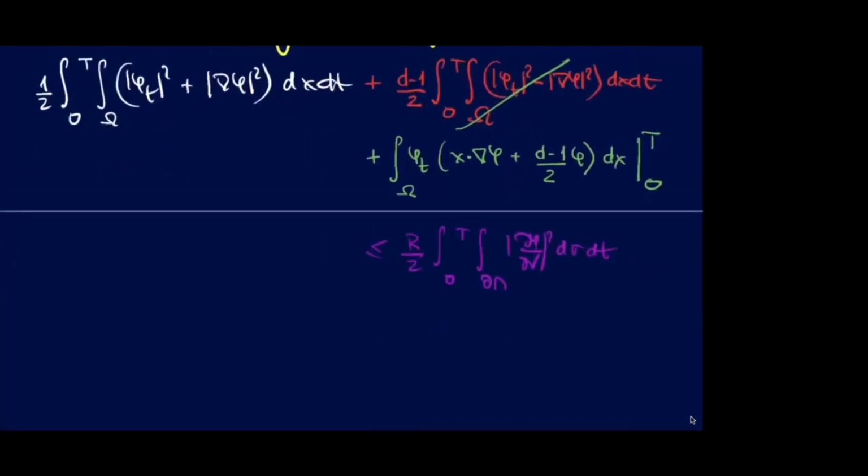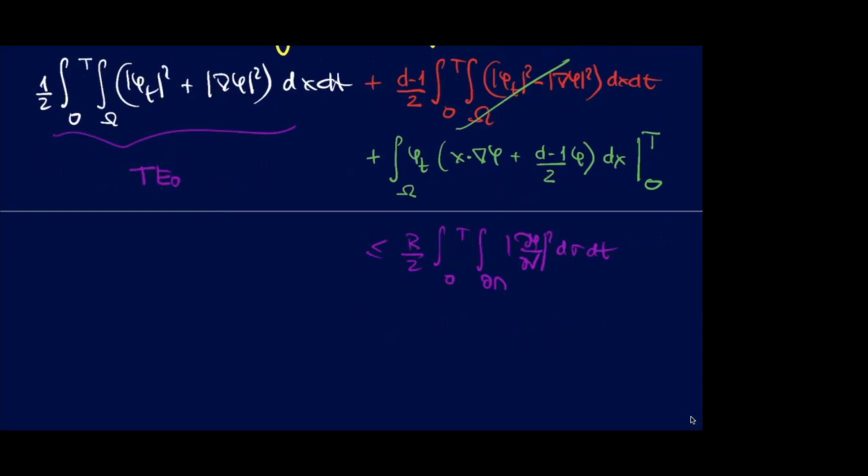And now what is this? We say, oh, this is just the integral from 0 to capital T of the energy. But the energy of the solutions is constant. So this is simply T times the initial energy. So you see that we almost got it, right?